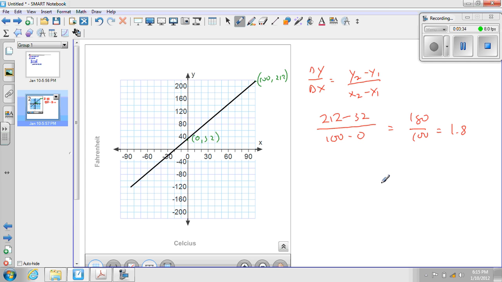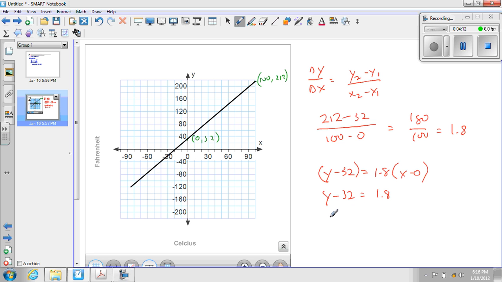Well, if I have 1.8 as my slope, and I have a point, why don't I use point-slope form and just see how this works out? So I'm going to use the easier point of 0, 32. So I'm going to have y minus 32 is equal to 1.8 times x minus 0, my point-slope form. So y minus 32 is equal to 1.8x, because x minus 0 is x.